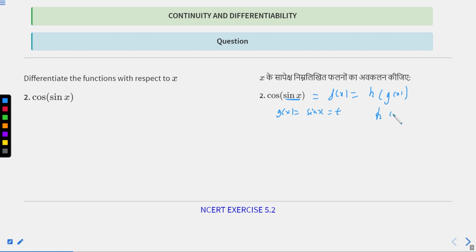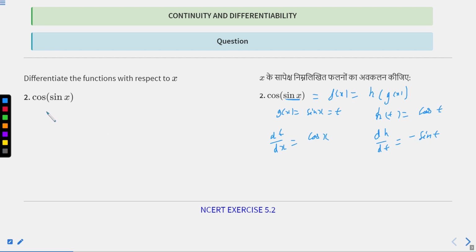This means h of t will be cos t. So dt by dx will be cos x, and dh by dt will be minus sin t. If you remember, the derivative of cos is minus sin.